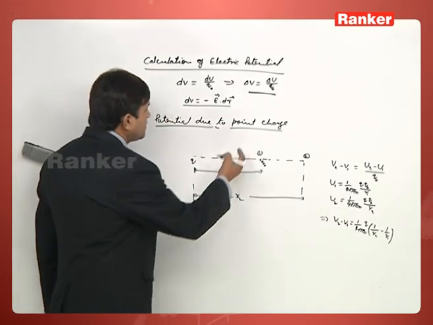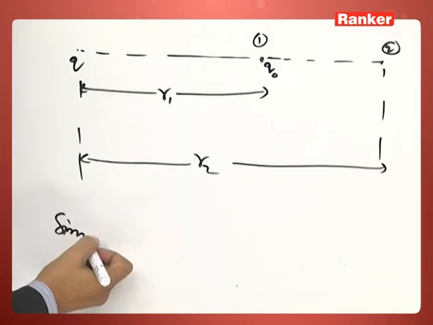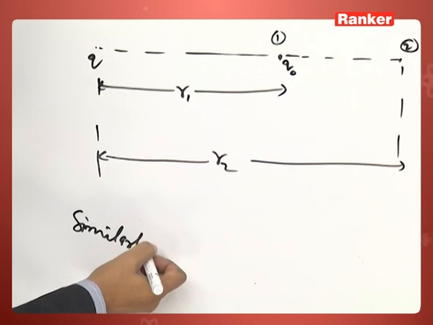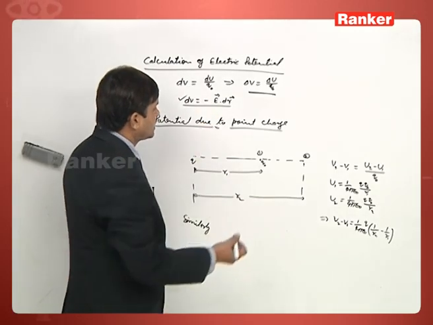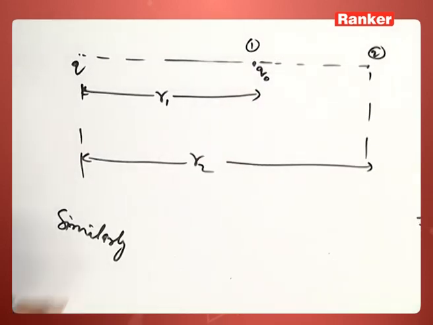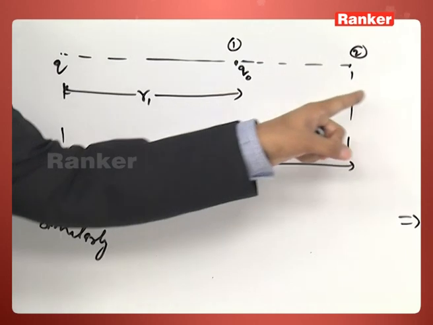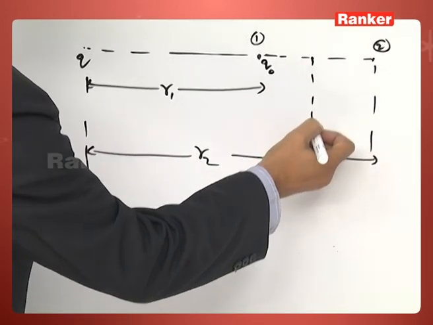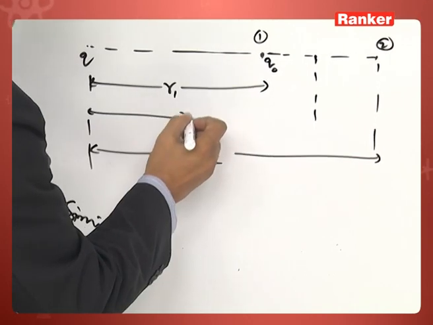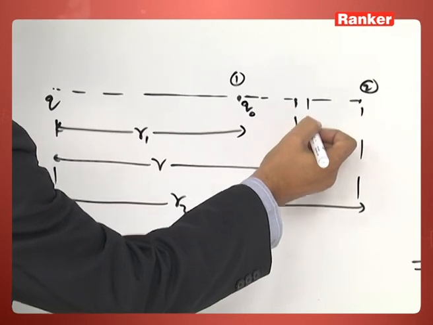Similarly, following the other method, the electric field due to a point charge is known, and it is inversely proportional to distance squared. So from 1 to 2 the electric field value is variable. So we assume an intermediate point at distance r from the charge Q, where we calculate the electric field.